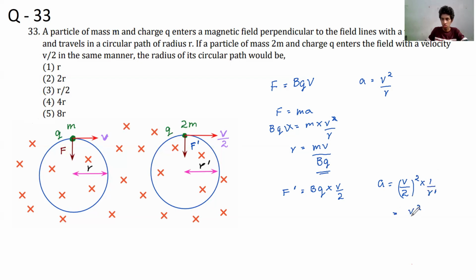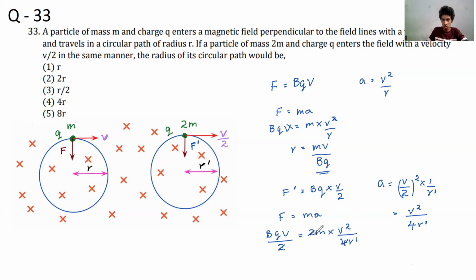Therefore, it is v squared over 4r dash. So we can apply F equals ma to the mass 2m. So F will be bqv over 2, and the mass is 2m, and the centripetal acceleration is v squared over 4r dash.